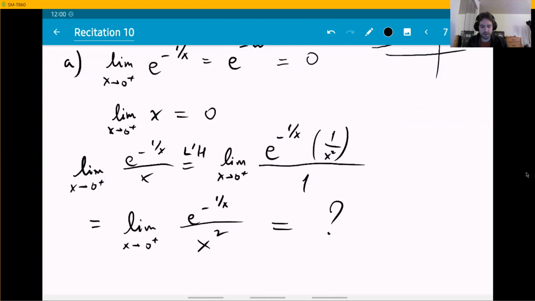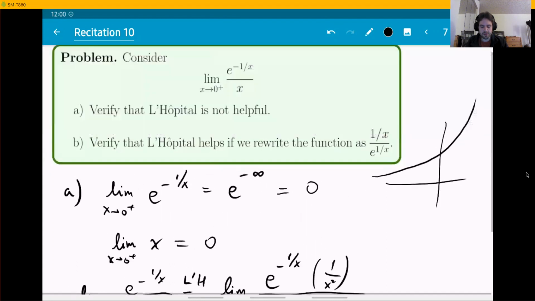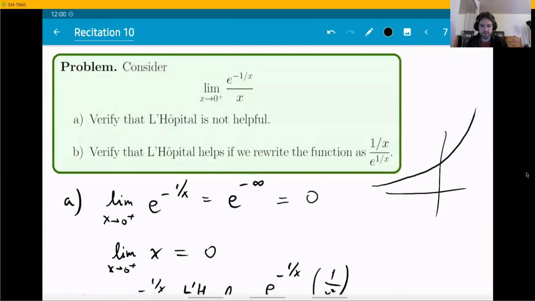Now, item B is saying verify that L'Hopital helps if you rewrite the function in this form. First of all, let's try to understand what's going on in this form. Basically, the exponential function, which was with a negative exponent, we brought it downstairs in the denominator with the positive exponent.